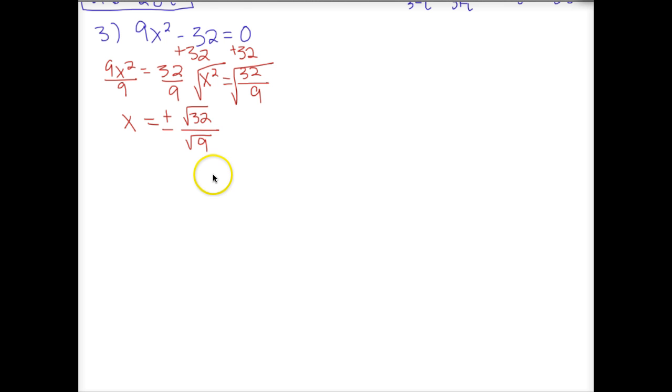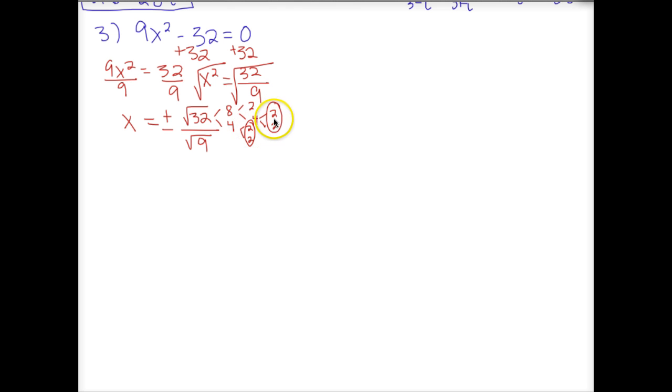Step 3 is to simplify my radicals. So on the top, square root of 32 doesn't come out evenly, but 32 is 8 times 4. This is 2 times 4, 2 times 2, 2 times 2. So I've got matching outfits here, matching outfits here.